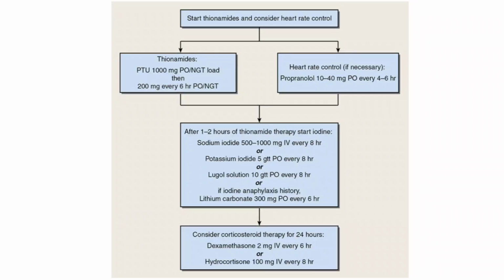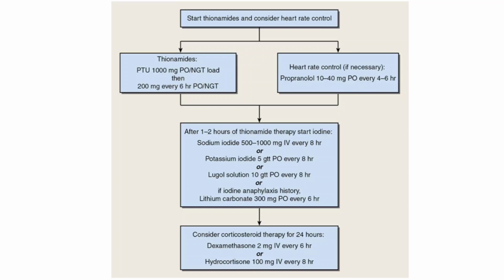Propranolol is given in a dose of 10 to 40 milligrams TDS, and after 1 to 2 hours of thionamide therapy, we can start sodium iodide 1000 milligrams IV TDS, potassium iodide or Lugol solution, and in case of iodine anaphylaxis, lithium carbonate can be given.